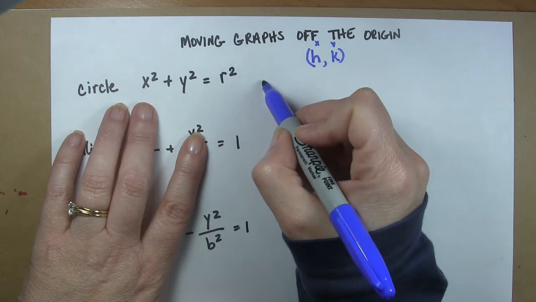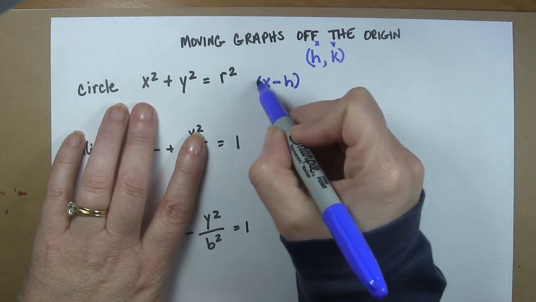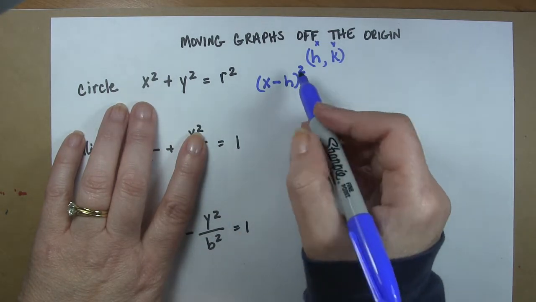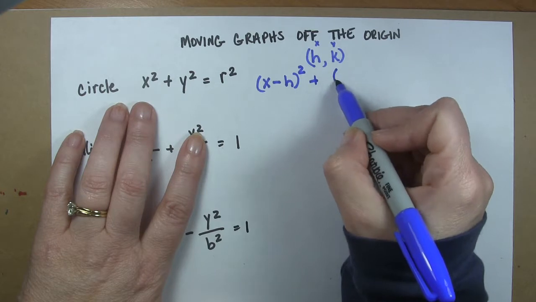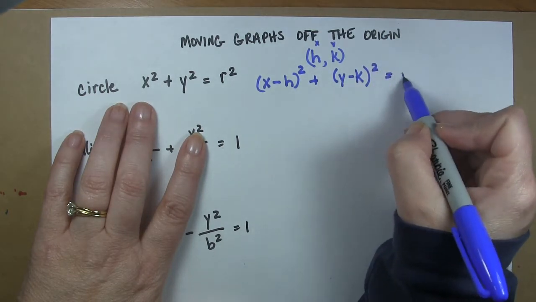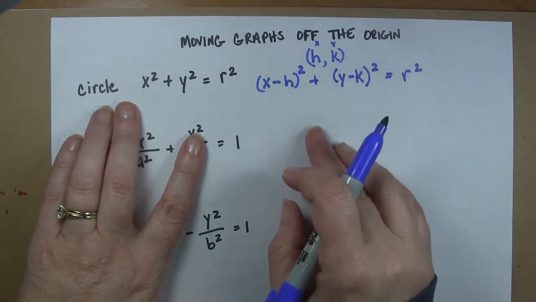So a circle, for instance, would become x minus h quantity squared, so instead of just squaring the x, we square the x minus h, plus y minus k quantity squared equals r squared. That's our new equation for the circle.